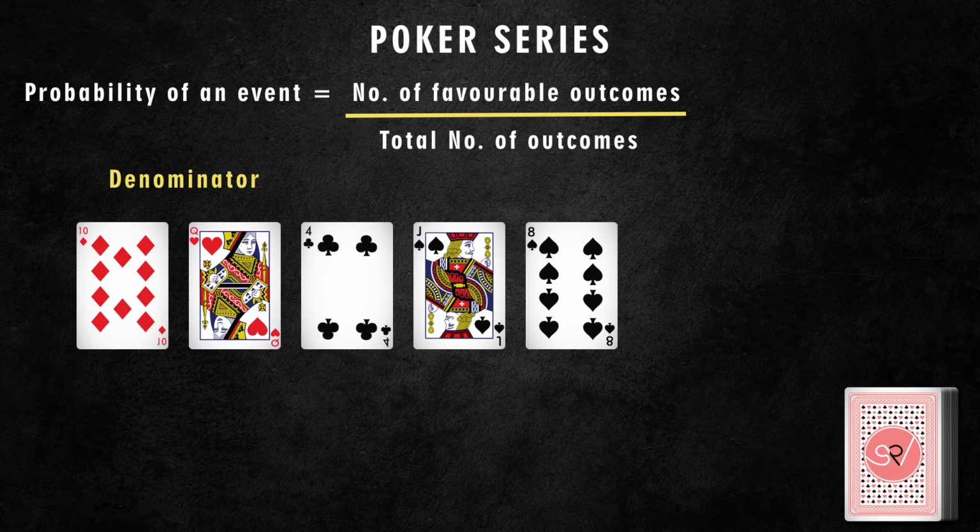So in combination, this is represented by 52 choose 5, right? So these brackets represent combination, right? This essentially means that you can select five cards from 52.